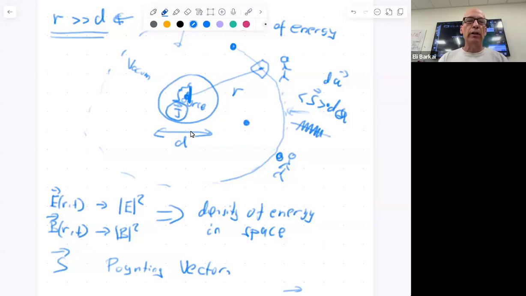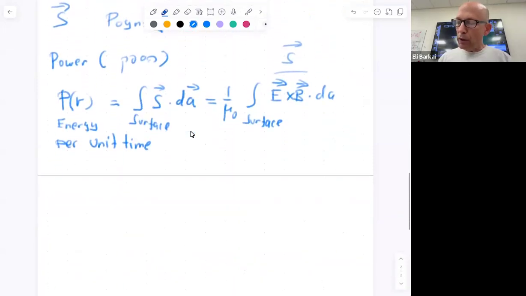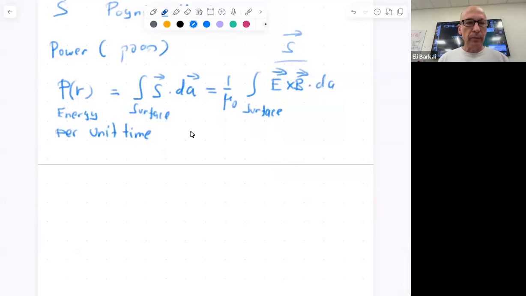Sometimes scattering is very important, and then these rules that we are going to discuss are not good enough. So there is no scattering, no absorption in our discussion right now. So now we know what we need to do. We need to calculate S. Questions?